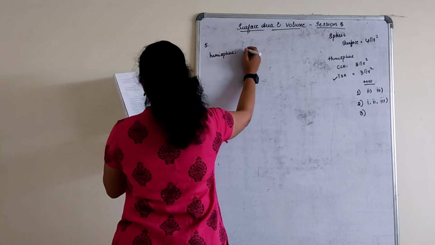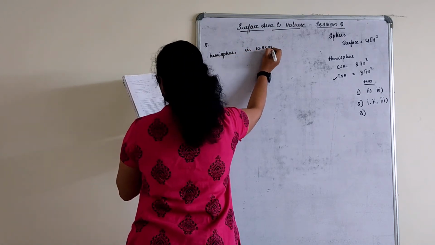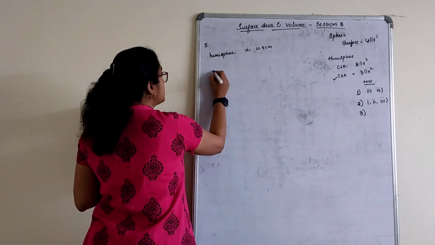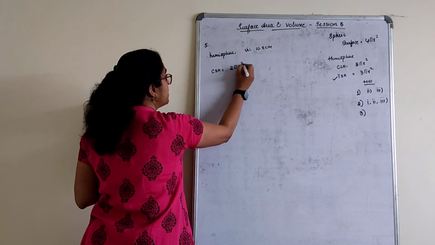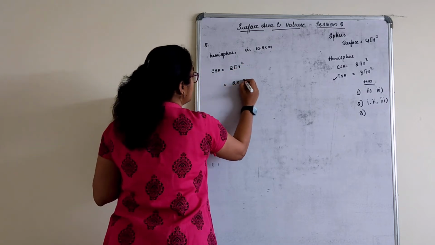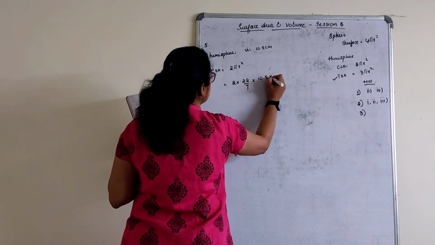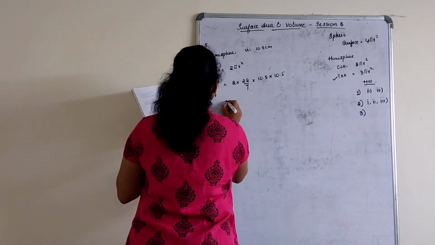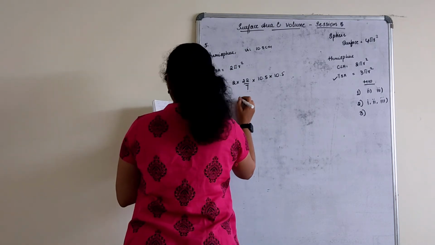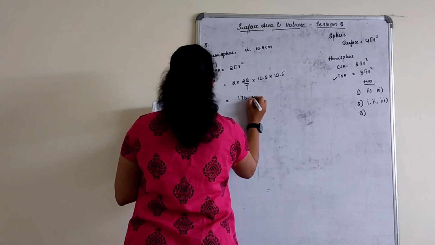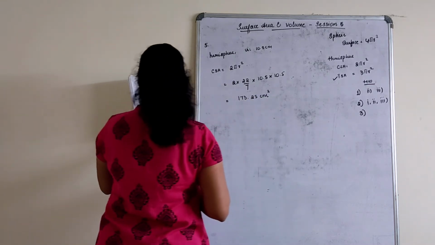In the hemisphere, the radius is given as 10.5 centimeter. Find the CSA. CSA of a hemisphere is 2 pi r square, 2 into 22 by 7 into 10.5 into 10.5. So the answer would be 173.25 centimeter square.